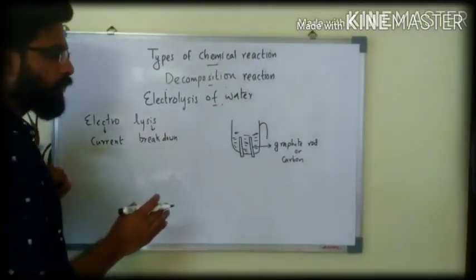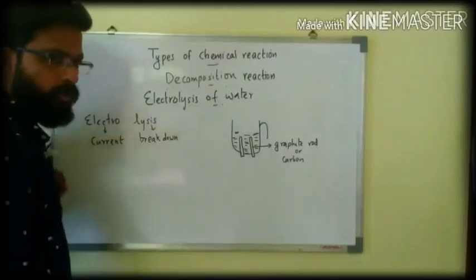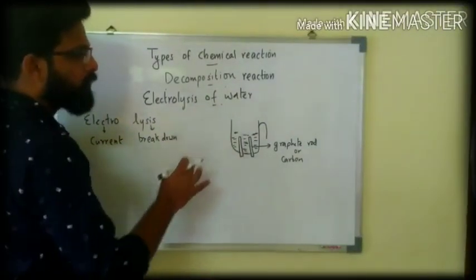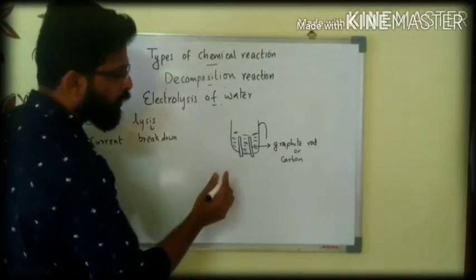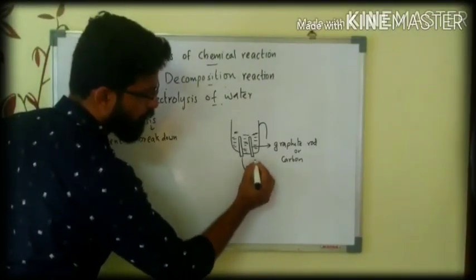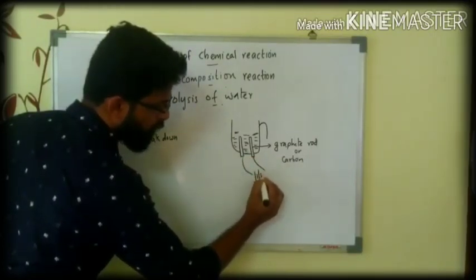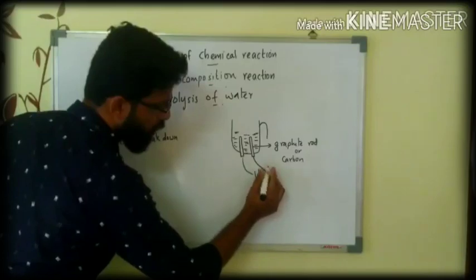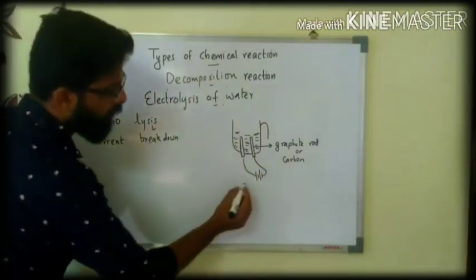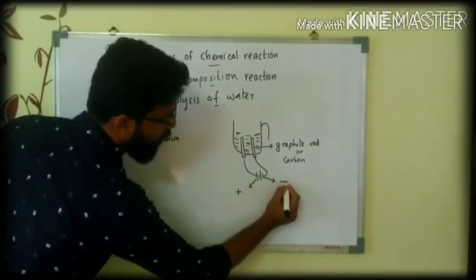We are going to split the water molecule. For that, we want to pass current through it, so I am going to connect it with a battery. Consider this is a battery. A battery consists of a positive end and a negative end.